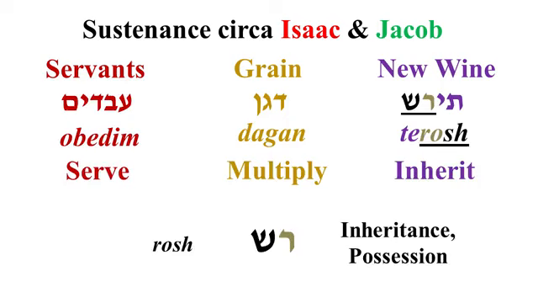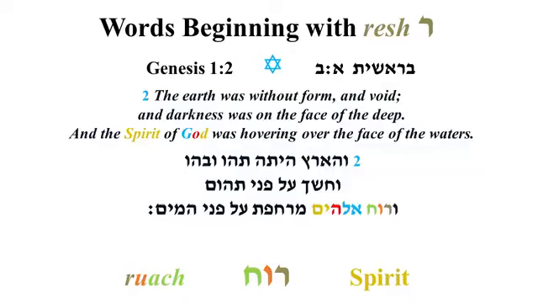Okay, let's look at some words that begin with the letter resh. In Genesis 1:2, it says, "The earth was without form and void, and darkness was on the face of the deep, and the Ruach Elohim, the Spirit of God, was hovering over the face of the waters." The word Ruach is spirit, resh, vav, chet.